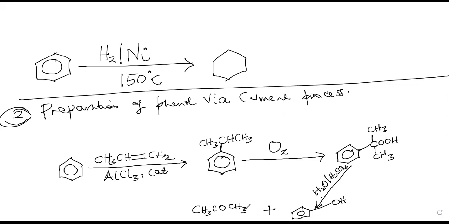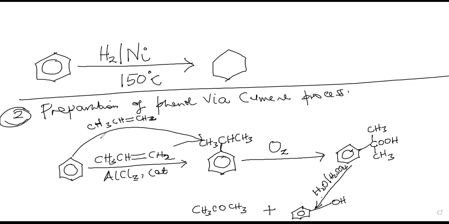However, instead of the vapor phase, you can still alkylate benzene using propene in liquid phase, but in this case, aluminum chloride can be used as a catalyst. So you can use as many ways as possible to get this cumene. Still, I can use propene, that is CH3, CH, double bond, CH2.